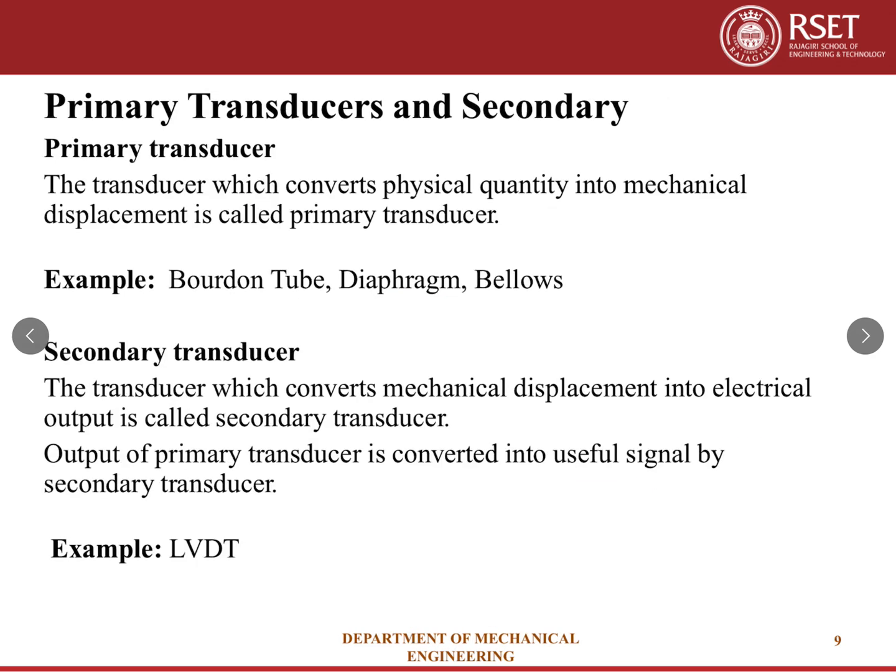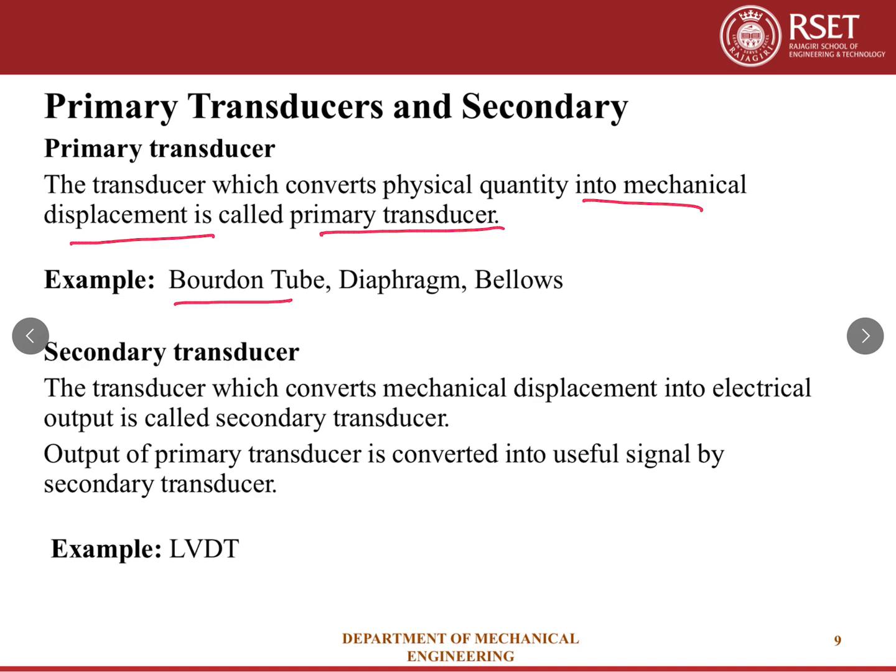Then we have a primary transducer and a secondary transducer. The transducer which converts the physical quantity into mechanical displacement is a primary transducer. Here, the output is not an electrical signal; it is some other physical signal, here a mechanical displacement.